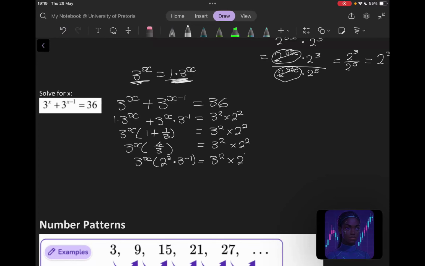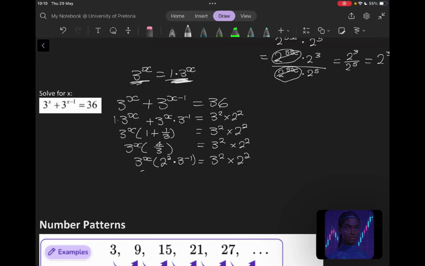Cool. The next step is, because we're trying to solve for x, we need to have the left-hand side and the right-hand side have the same bases, right? We need them both to have base 3 and base 2. So on the left-hand side, we have to simplify it or put it in that manner.